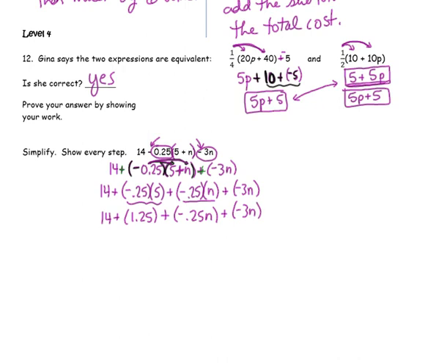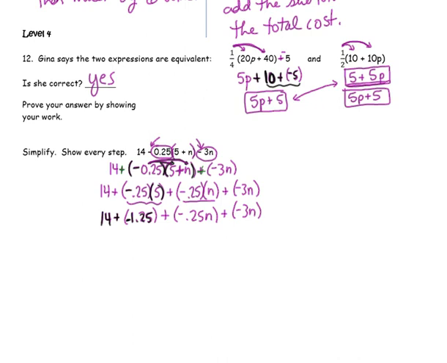Then I look for like terms. Notice that I have these that are constants, and also I just noticed that if this was negative and this is positive, then this 1.25 should also be negative. So double check to make sure that you've got that right.